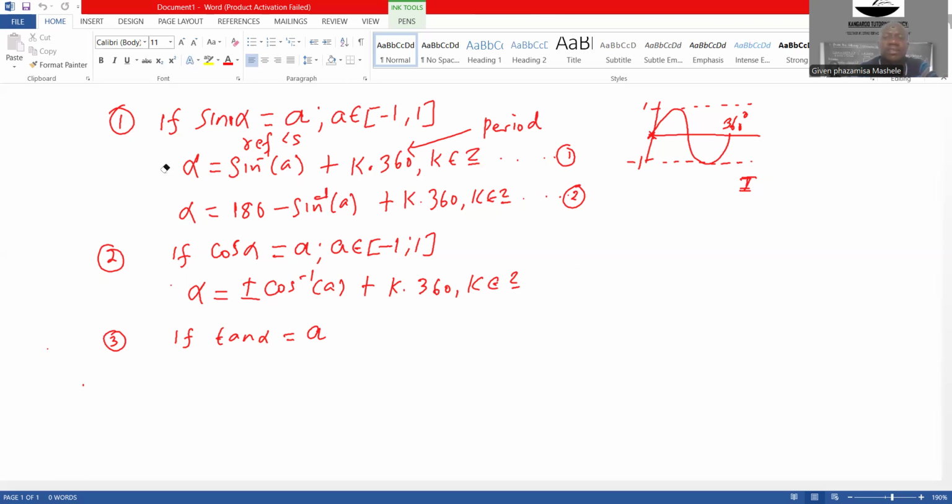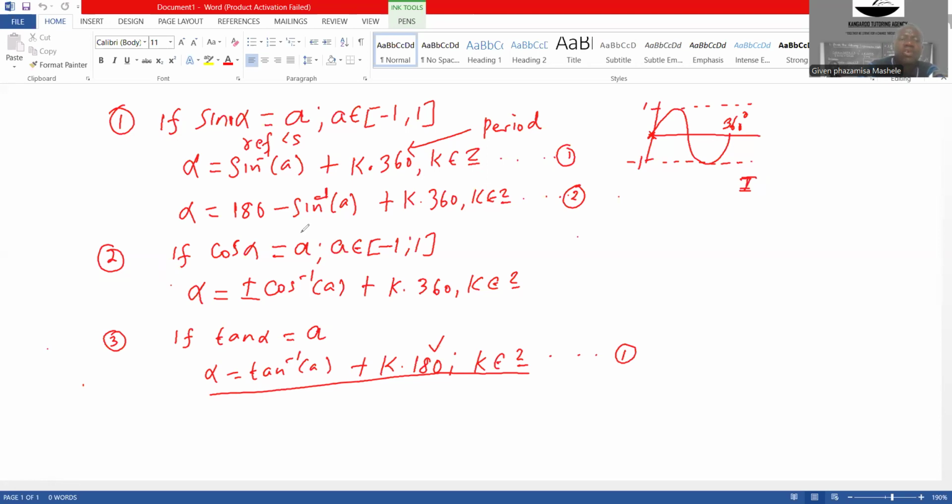As I was saying, to determine the general solution for tan, we say alpha equals tan of A plus K times the period of 180 degrees, where K is an element of integers. So when we want to determine the general solution for tan, we always have one solution with a period of 180.